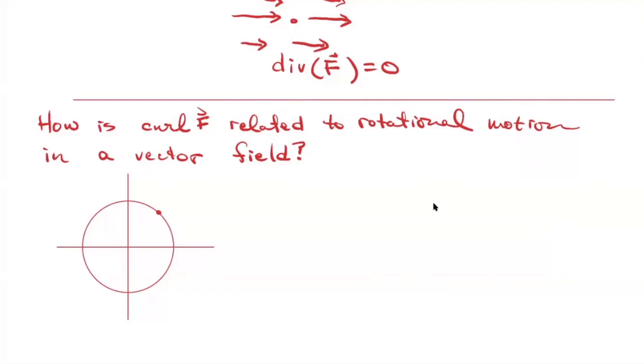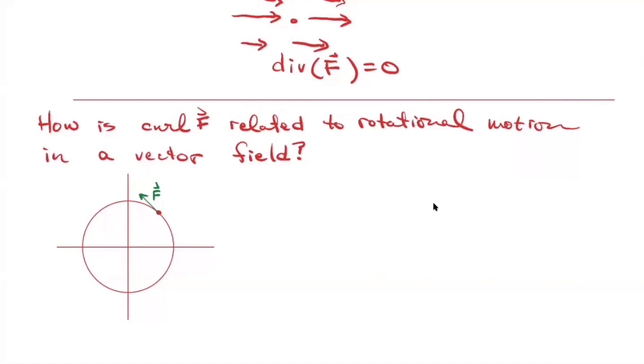You can think of it as a force or a fluid flow. That little point right there is my position, and here's my field vector. My field's just going to push me around the circle, and we could define that vector anywhere, but I'm just going to do it at this one point.